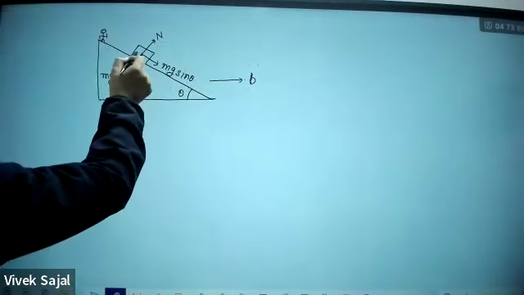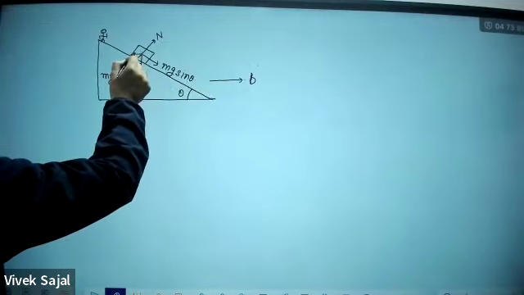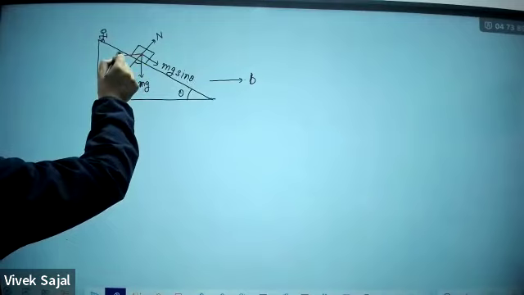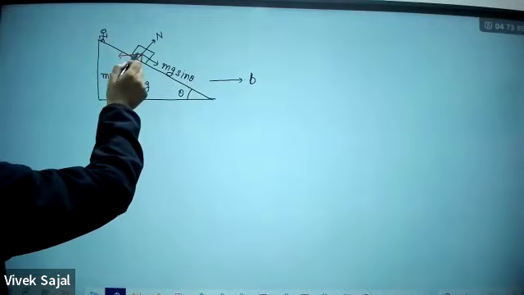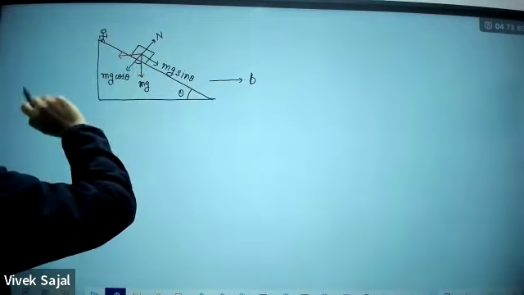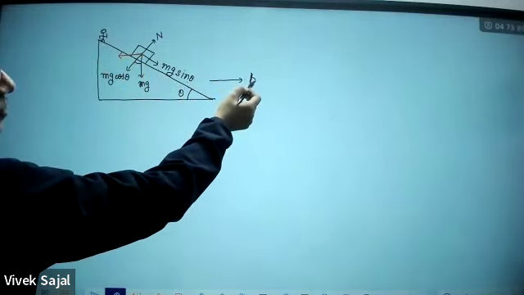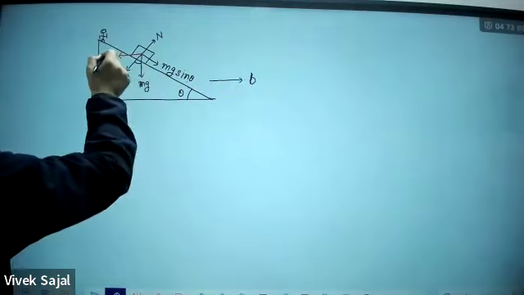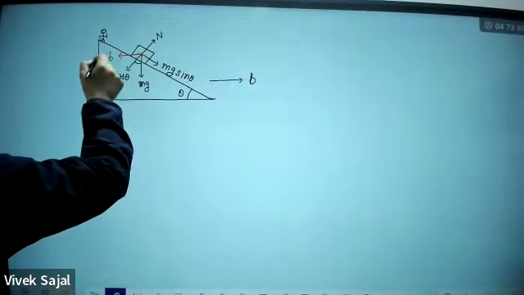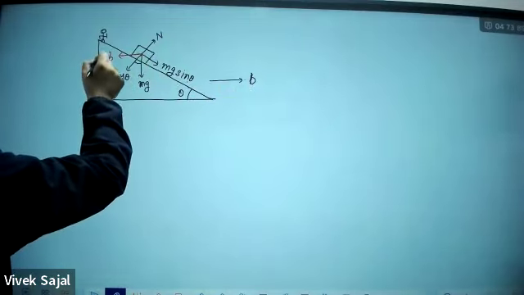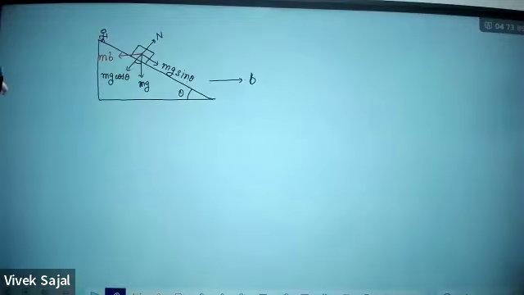So to consider that aspect, since this person is standing here, you have to apply a pseudo force in this direction. What will be the magnitude of the pseudo force? This will be the acceleration B here, and the mass of this block will be M. That is going to be MB. So these are the forces which are going to act.